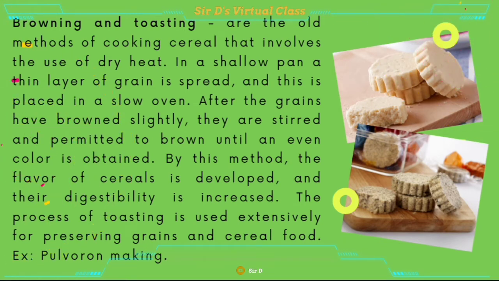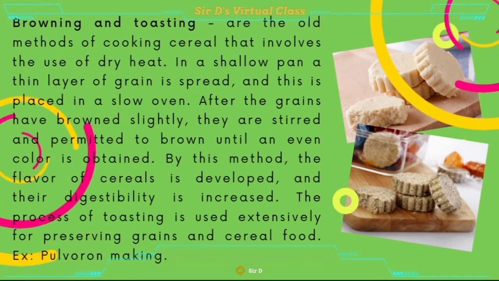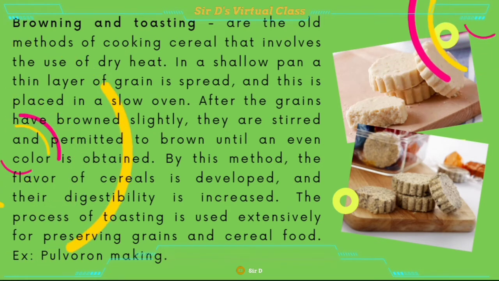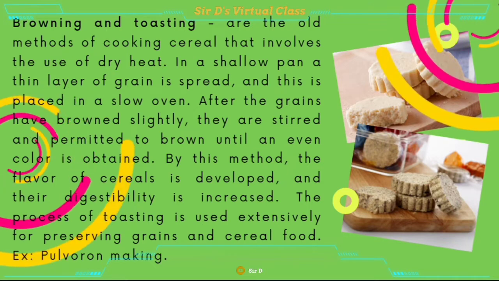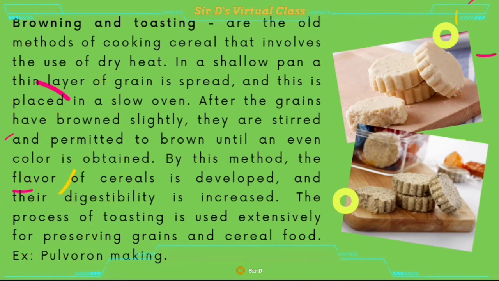After the grains have browned slightly, they are stirred and permitted to brown until an even color is obtained. By this method, the flavor of cereals is developed, and their digestibility is increased. The process of toasting is used extensively for preserving grains and cereal food. A common example would be polvoron making.